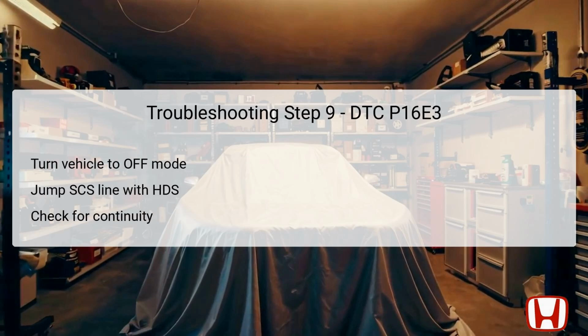In the final troubleshooting step, you will power down the vehicle again and jump the SCS line with the HDS as previously conducted. Once this has been completed, disconnect the PCM connector A, 51P, while ensuring that the 12-volt battery sensor 3P connector is also detached. At this stage, continuity testing must be performed between the 12-volt battery sensor connector terminal number 3 and the PCM connector A, terminal number 26.